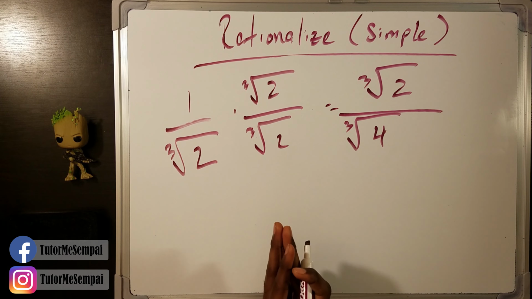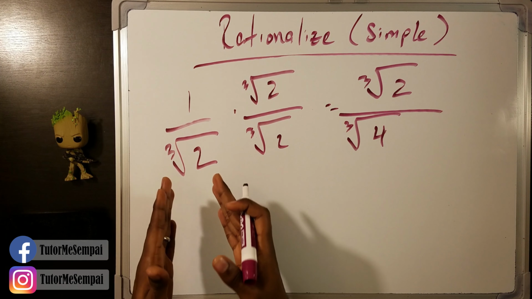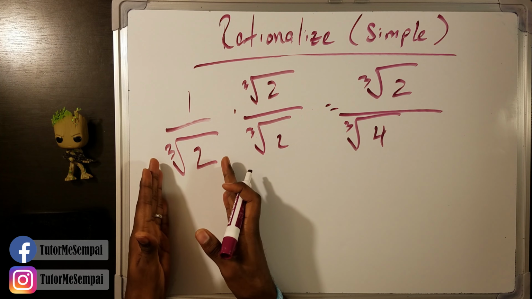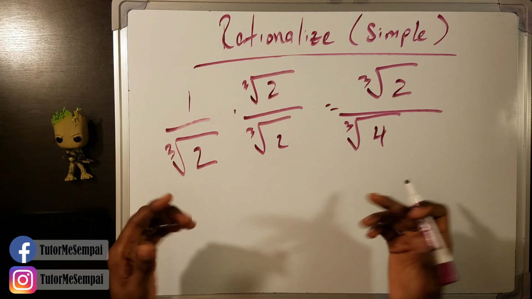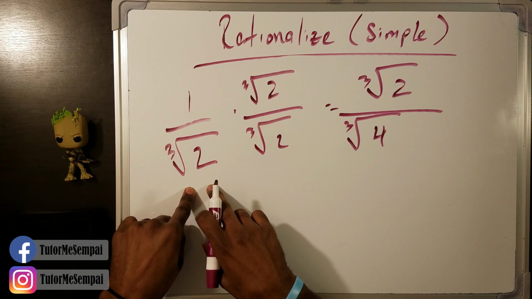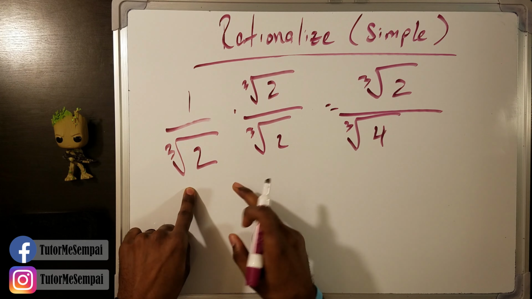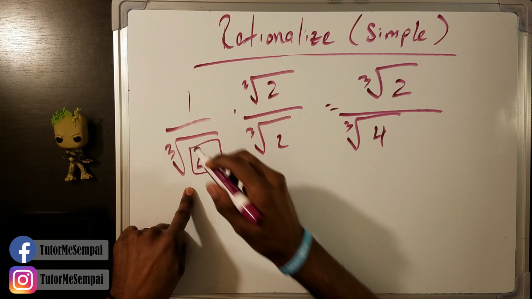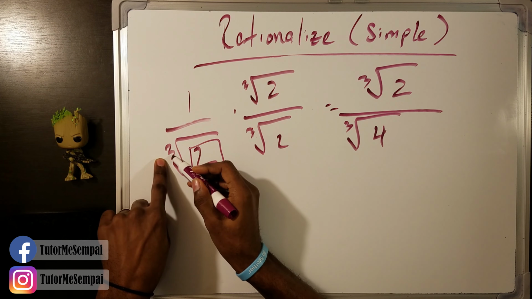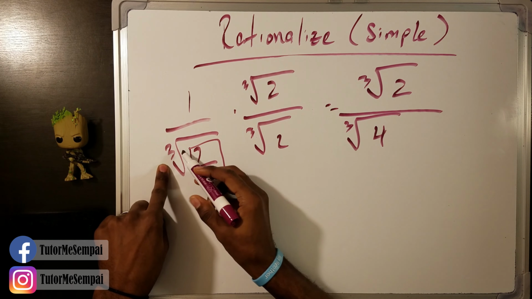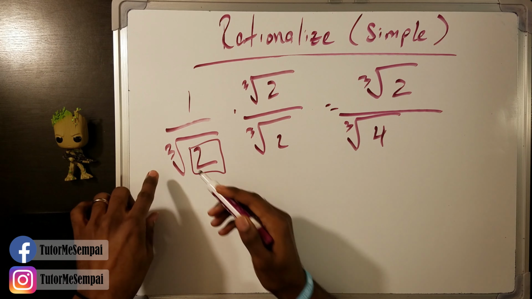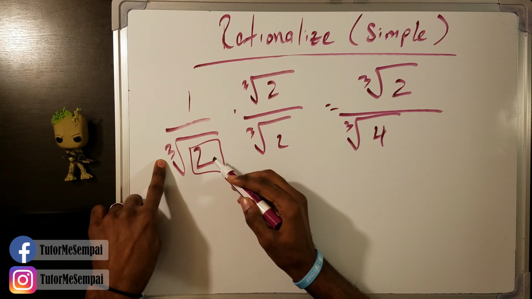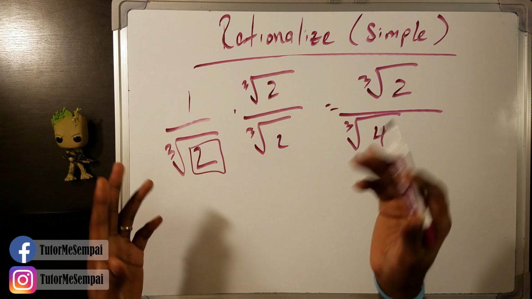So what we want to do is actually not just simply multiply by what's in the denominator. We want to have a strategy. We want to figure out what we need to multiply by in order to make whatever's in here a perfect power of whatever index this is. So when this was a square root, the index was 2. So we want a perfect square. When this is a cube root, we want a perfect cube, and so forth.